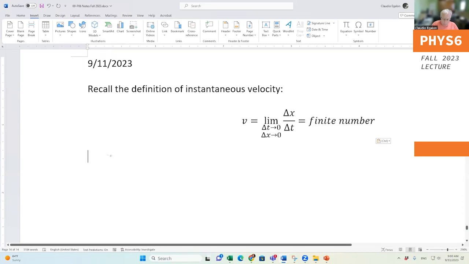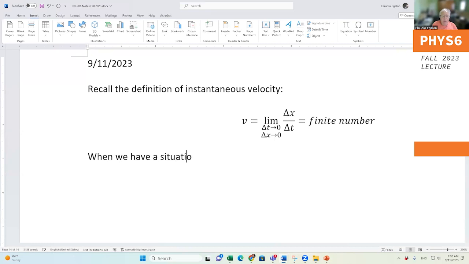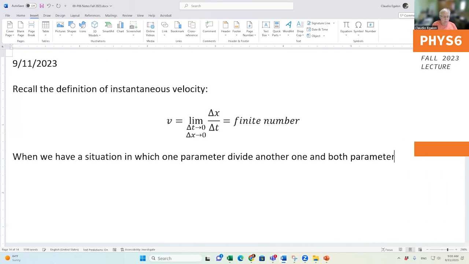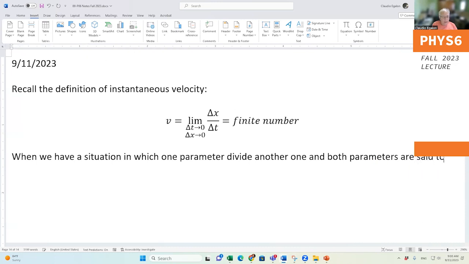When we have a situation in which we have two parameters, one parameter divided by another one, and both parameters are set to approach 0.